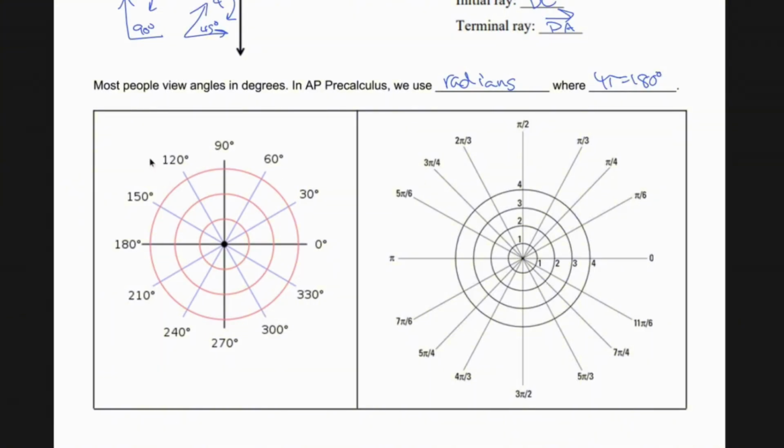An angle that looks like 120 is going to be 2 pi over 3. An angle that looks to be 210 is going to be 7 pi over 6. The idea is exactly the same, but we are not going to be using degrees at all in this class. Not once. So it's very important that if you don't know how to read radians, you do that right now.